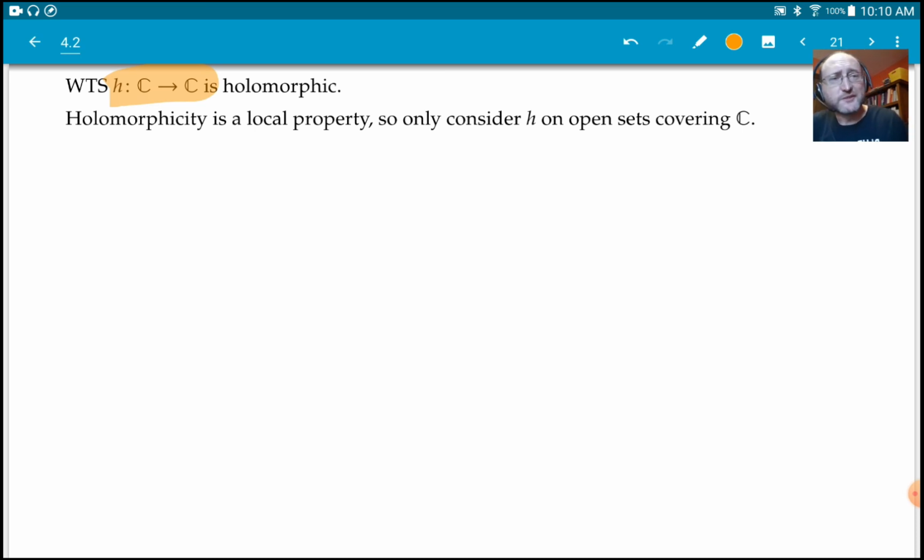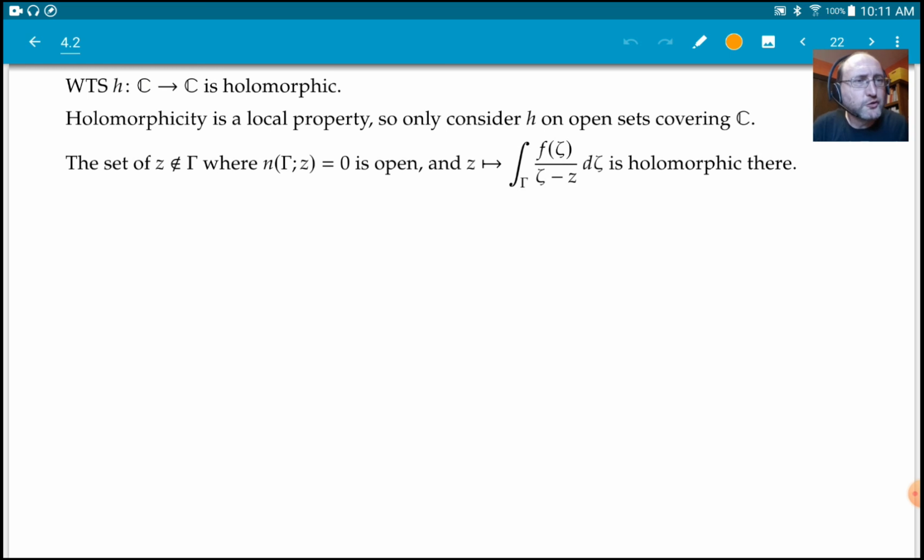It's actually kind of weird because we're proving the Cauchy formula in an arbitrary domain, and we come up with an entire function, right? Anyway, so we just need to prove that h is holomorphic on any open sets, as long as those open sets cover C, right? So we're going to do it on 2 open sets.